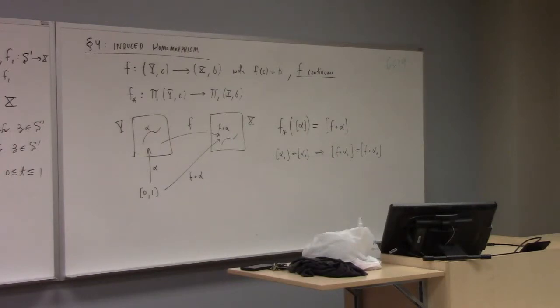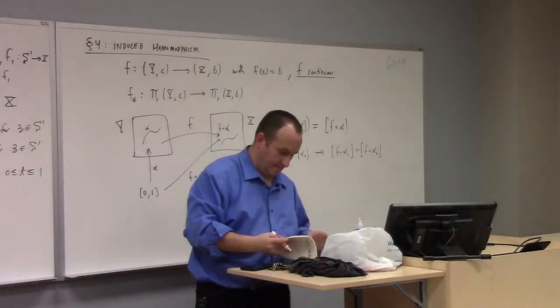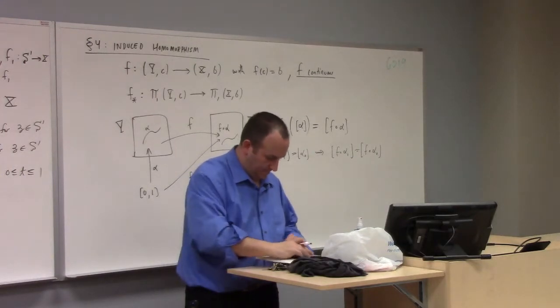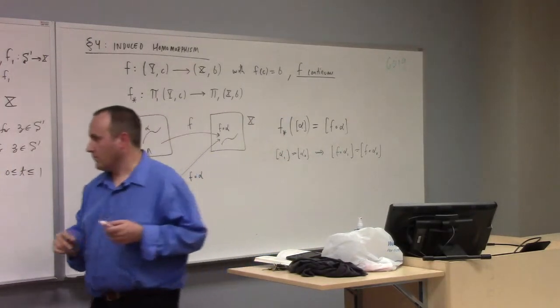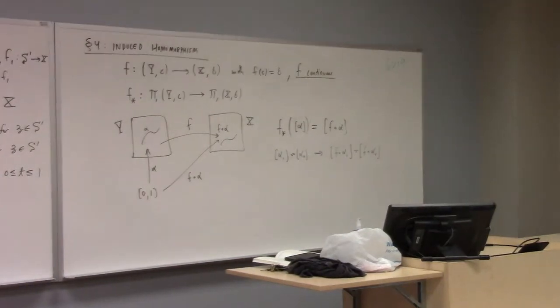So what's he do now? Let's see here. He defines f star on alpha as we did, right? And then what does he prove about it? What's he prove?